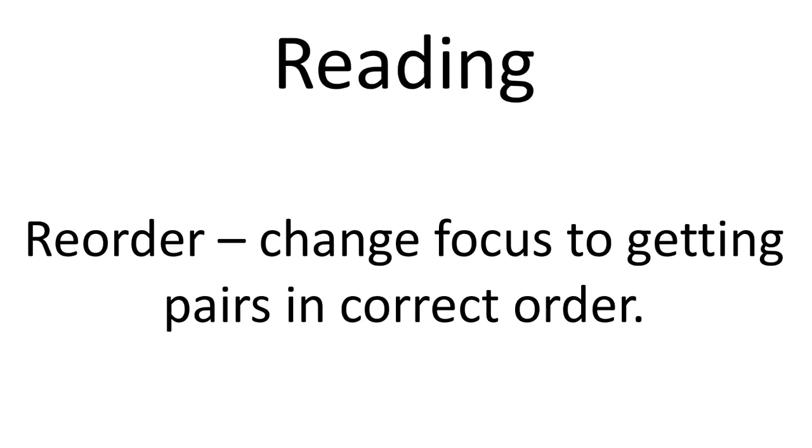You get marks for putting a pair of sentences in the right order. So for each pair which is in the correct order, you will get 1 point. So change your focus now, change your approach, and this is also much easier to do. Instead of trying to bring all the 4 or 5 sentences in the correct order, now focus on bringing 2 sentences at a time in the correct order. That will ensure that you get at least some marks, and it will make this question type much simpler to do.